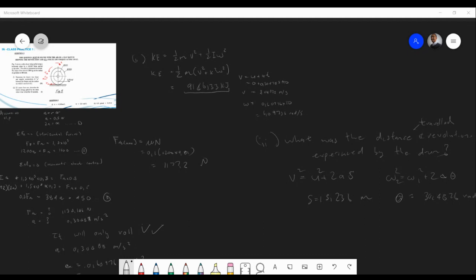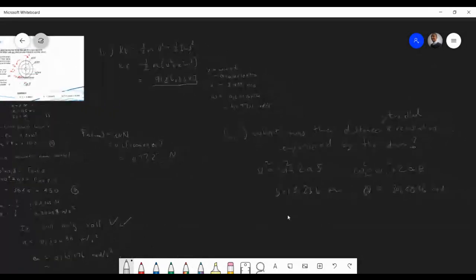I'm asking the amount of revolutions. There's a factor of 2 pi there. Well, this is why I just remember 57.3, because I convert radians to degrees and then divide by 360. Yeah, you have to divide by 2 pi to get the amount of revolutions from radians.